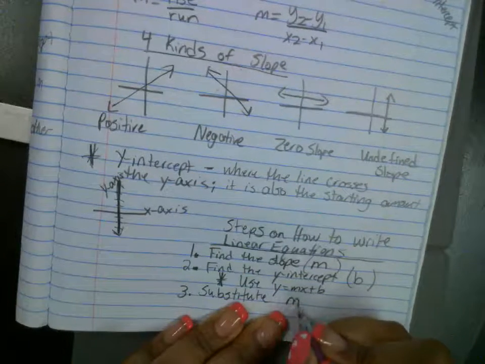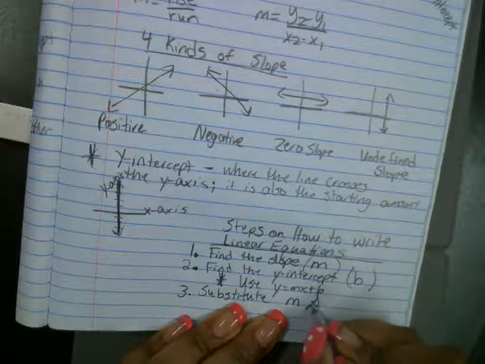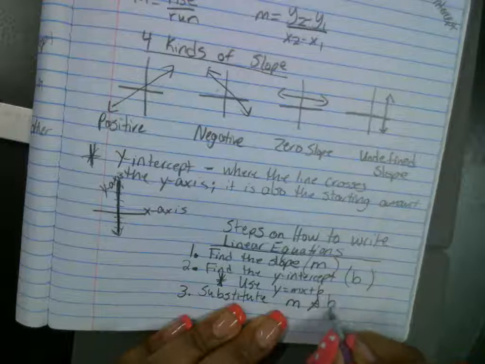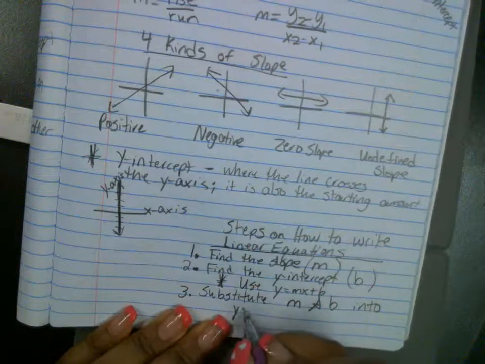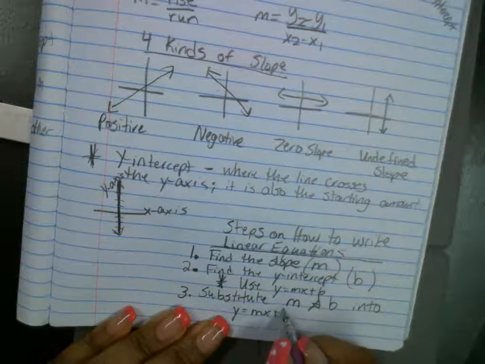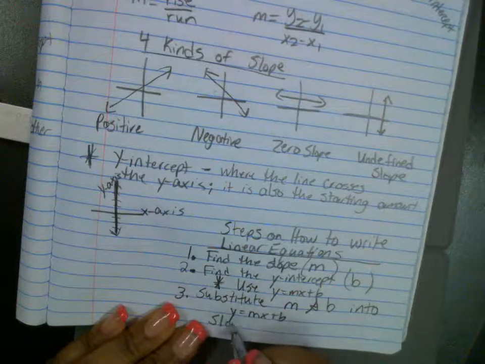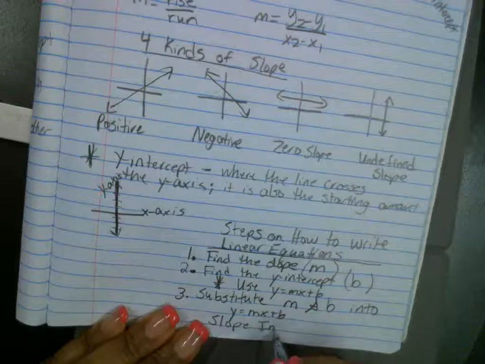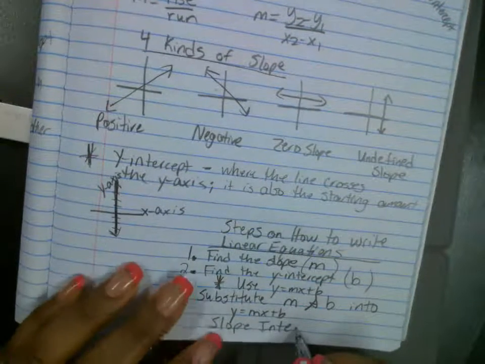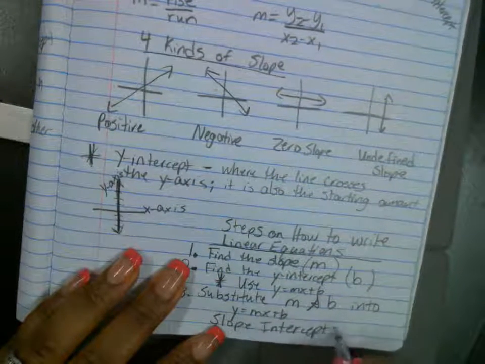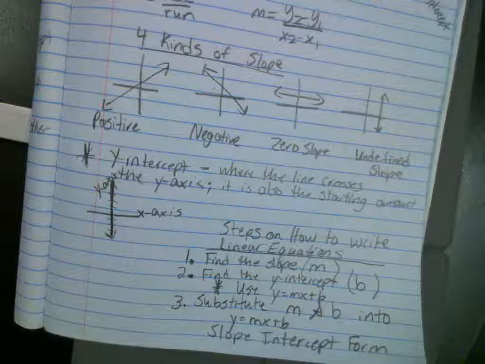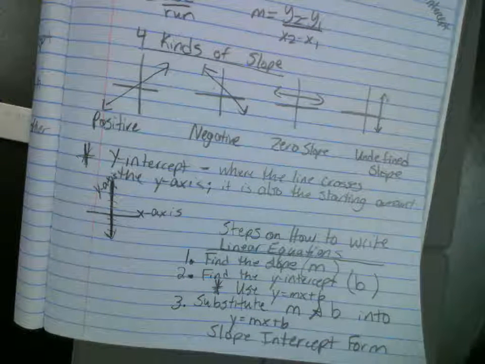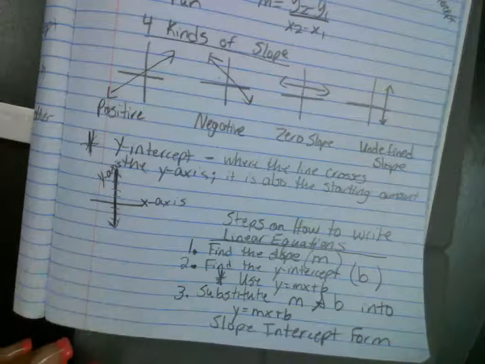Substitute the m, which is the slope, and b into y equals mx plus b, which is called the what? What's y equals mx plus b called? Slope-intercept form. Okay, and I'm going to pause for the calls, give you a chance to write, okay?